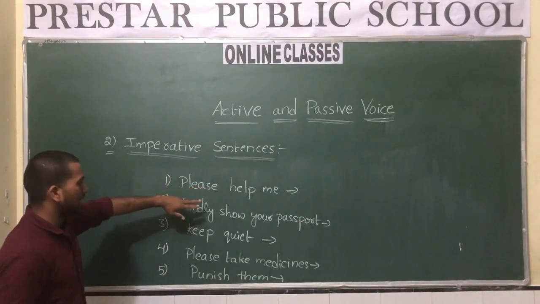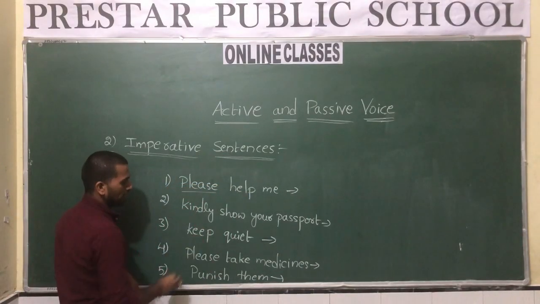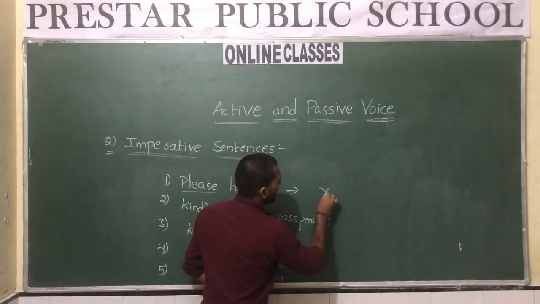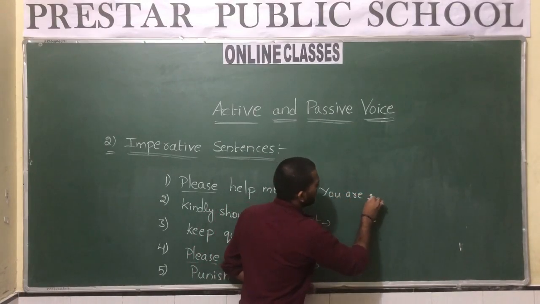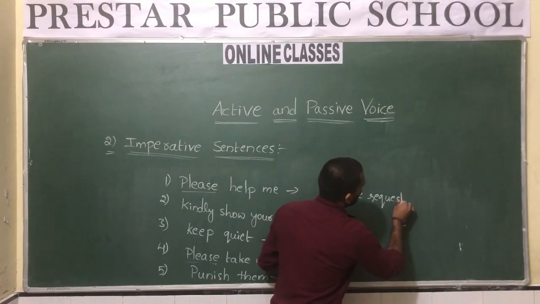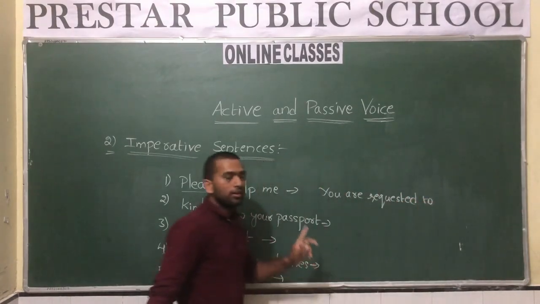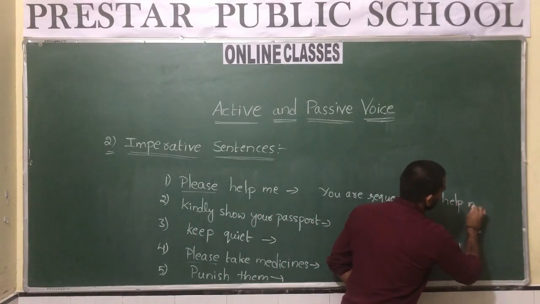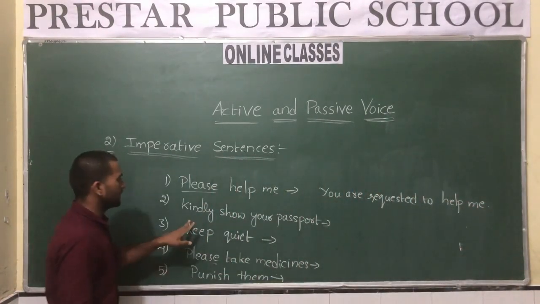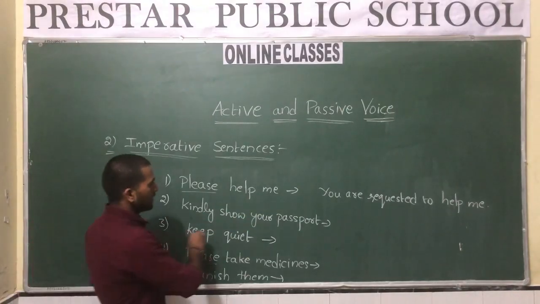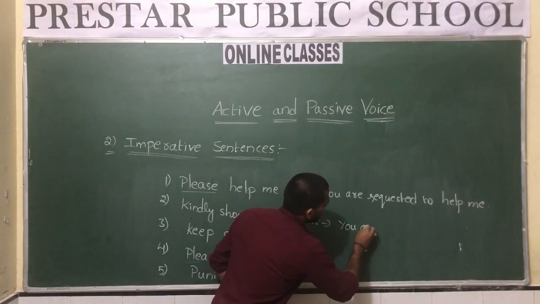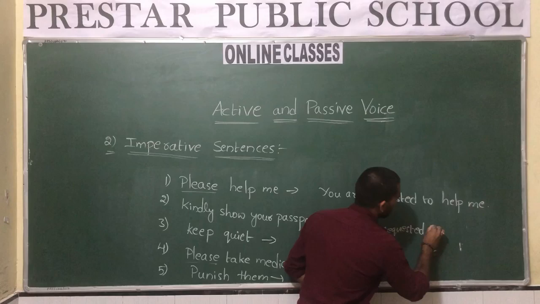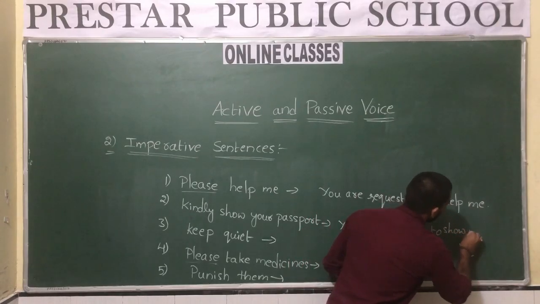If you see words like please, kindly, then you need to add here you are requested to, and the remaining sentence: you are requested to help me. In the same way, look at the second sentence, kindly show your passport. Here also you need to add you are requested to show your passport.